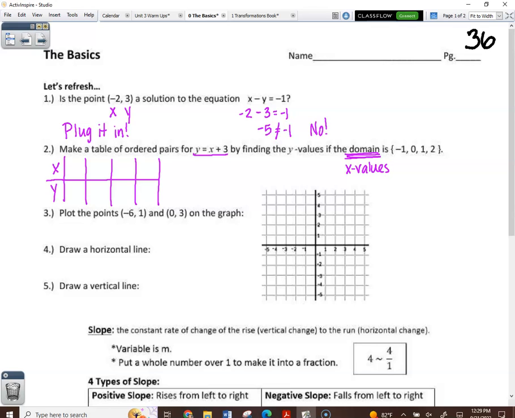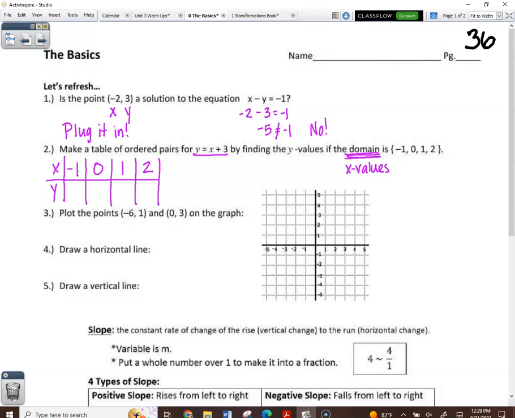What's the first x value from the set of domain? -1. What's the next x value? 0. You're filling in your T-chart based on the x values that they just told you.